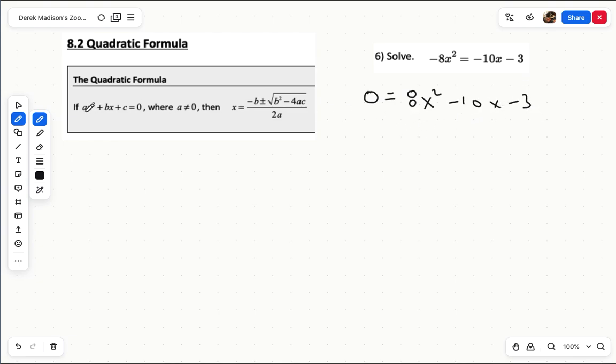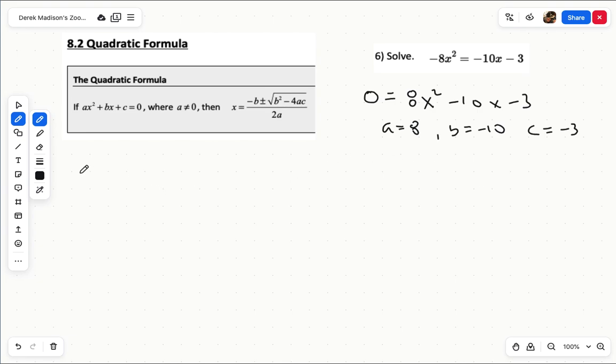And so what that means is my a is 8, because that's what's in front of the x squared term. B would be -10, and c is -3. And then we're just going to plug those into this formula and simplify, and we'll have our solutions.